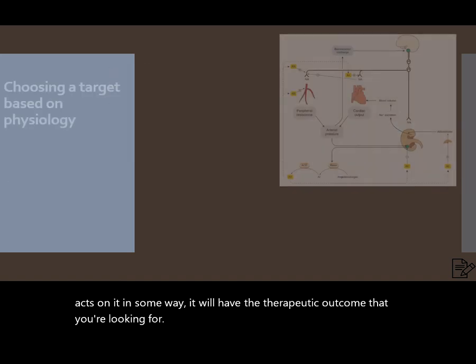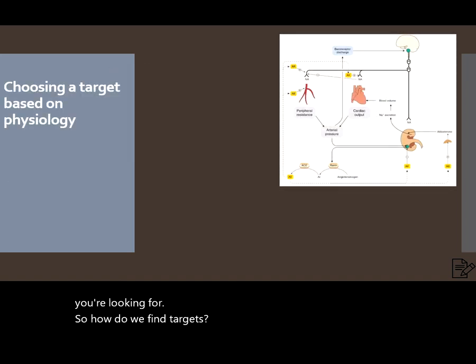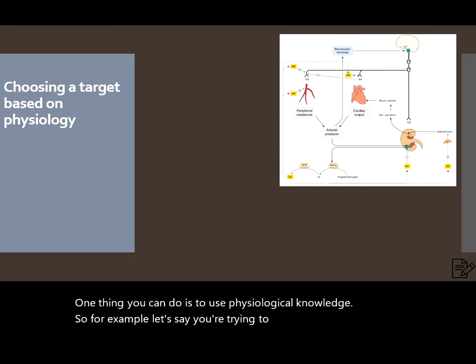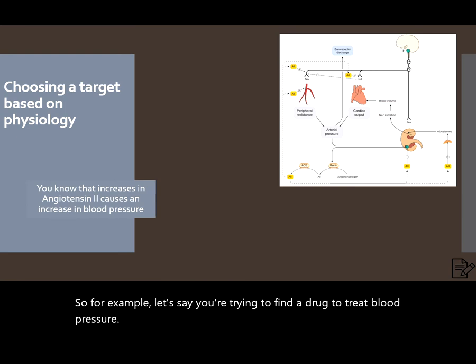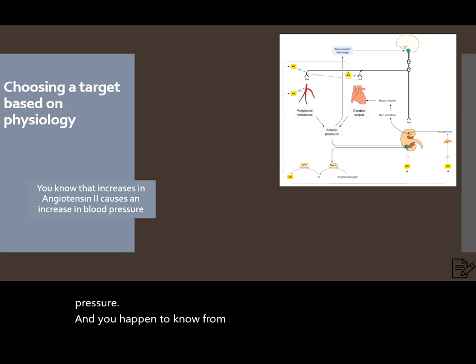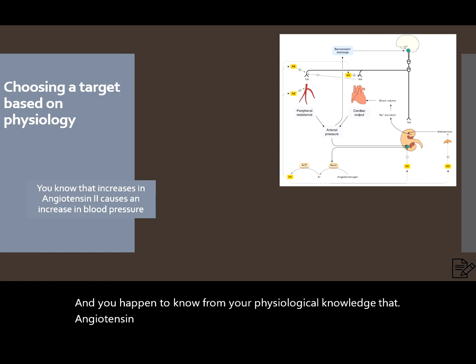So how do we find targets? One thing you can do is to use physiological knowledge. So for example, let's say you're trying to find a drug to treat blood pressure, and you happen to know from your physiological knowledge that angiotensin II causes an increase in blood pressure because it acts on angiotensin receptors.